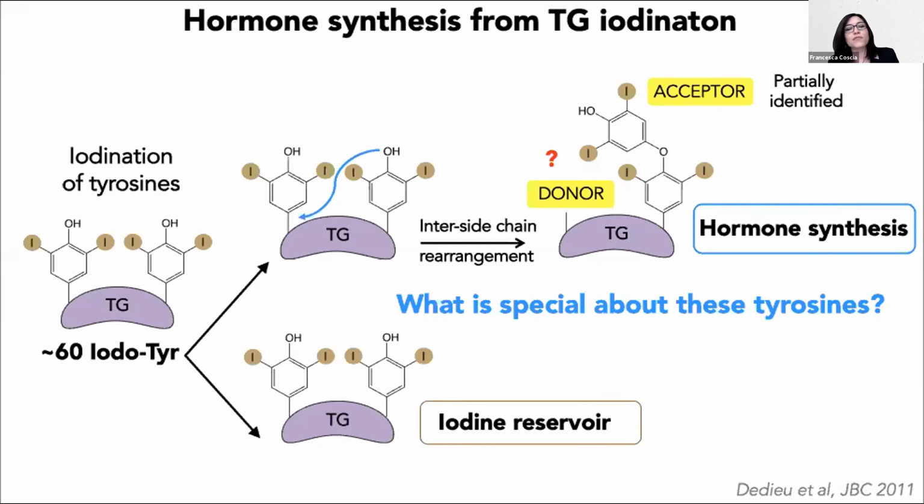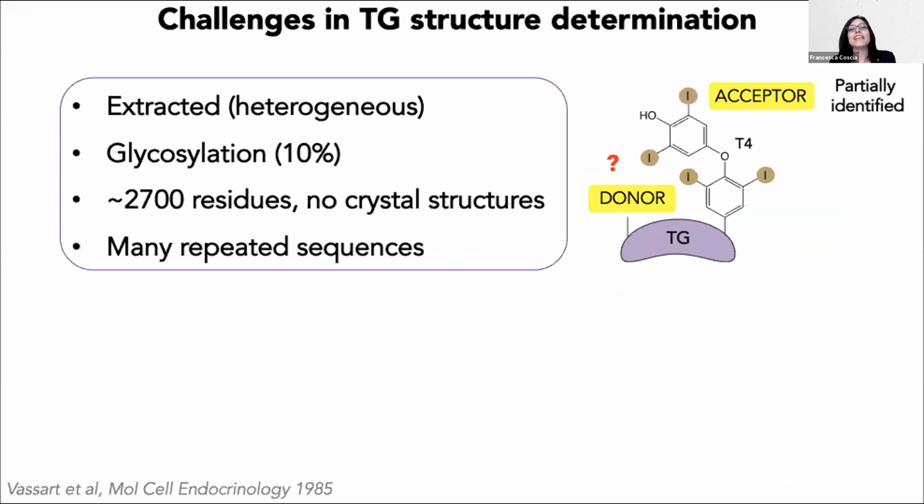And here is our interest in determining thyroglobulin structure and then understanding how its fold brings together those two special tyrosines forming hormones. So over the years, it has been quite challenging to determine thyroglobulin structure, although it's quite abundant and a very well-known protein, for a number of reasons.